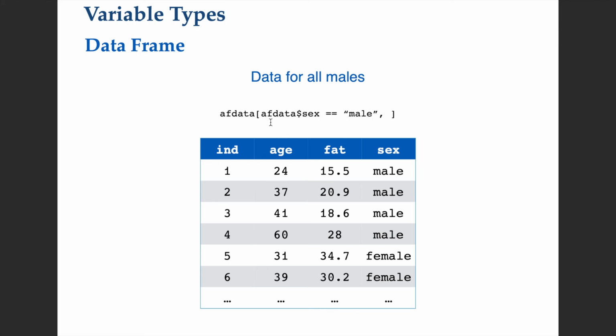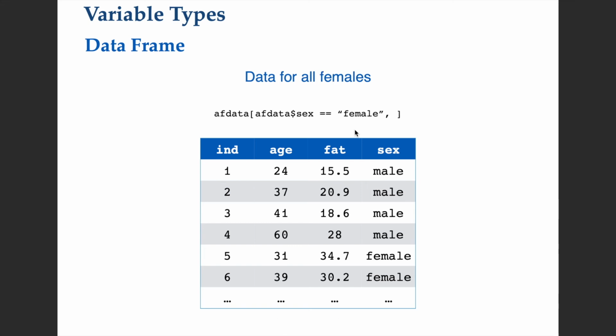So we want to know which rows have, in the sex column, equal male. If you type this in, it'll show you the data for just males. Hopefully that makes sense to you. If it doesn't, walk through it slowly until it does.